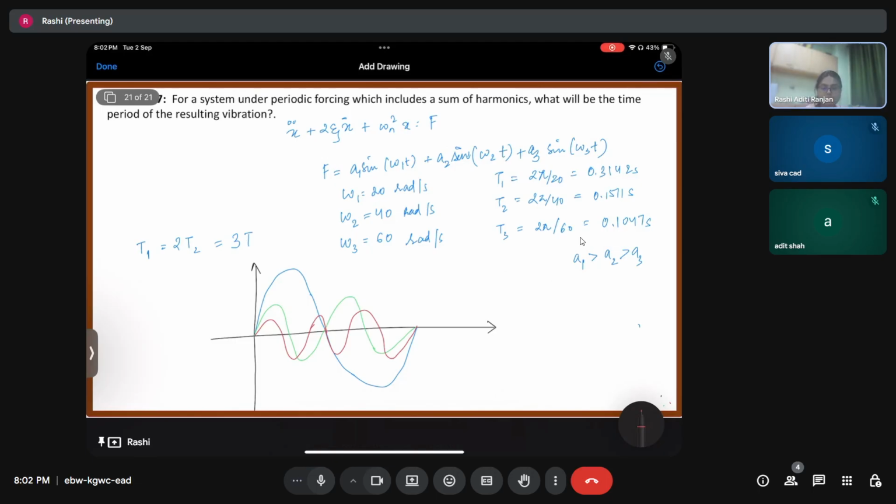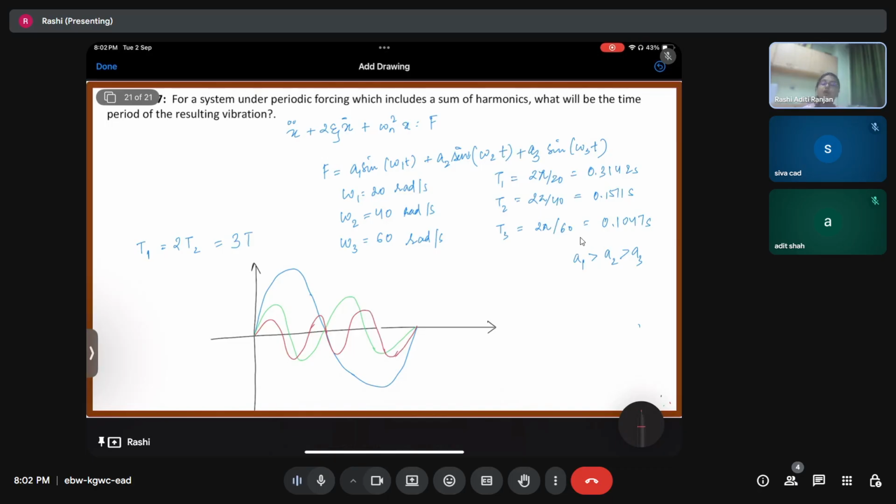I hope I've tried representing it visually.